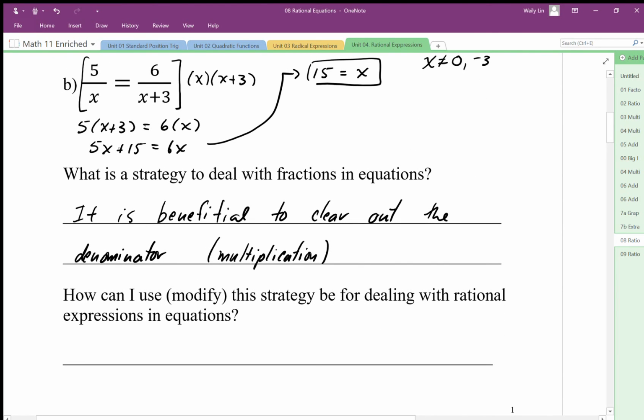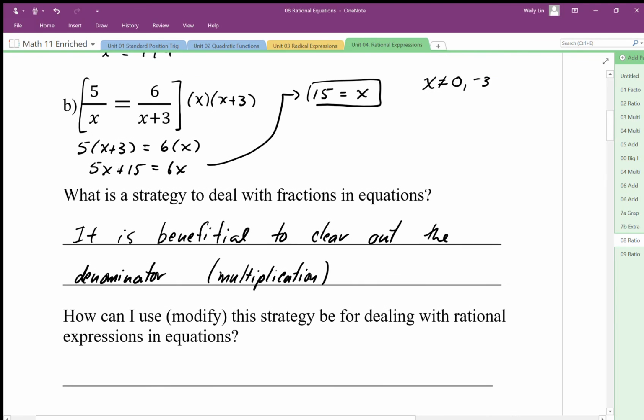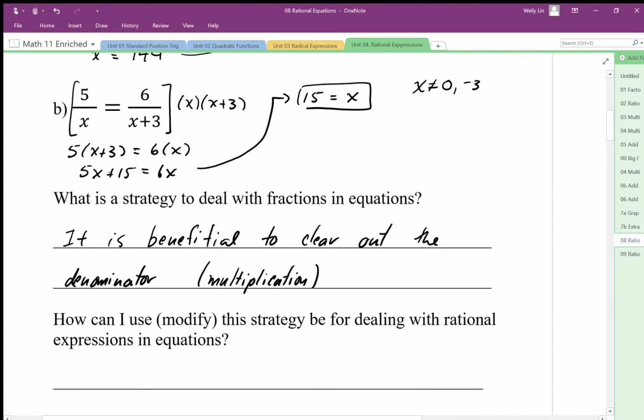So dealing with rational expressions and equations, well, it's really no different. We just need to multiply out by the algebraic factors.